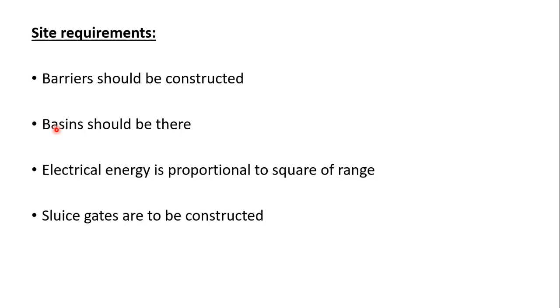Okay, so these sluice gates in the dams, we know sluice gates means nothing but opening and closing of the gates. So these sluice gates in the dams permit water to pass to or fro from the enclosed basin, to pass waters and allow waters to go away. These are the site requirements of the tidal power plant.